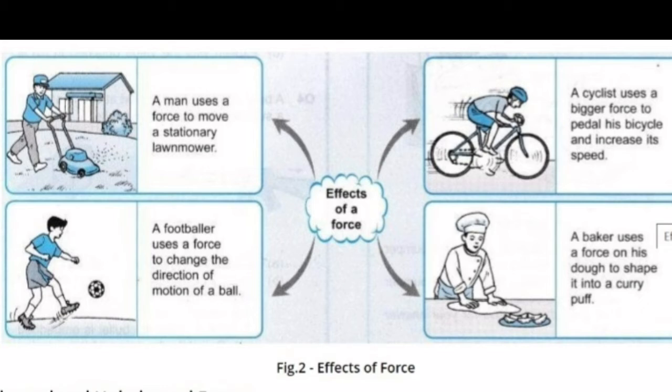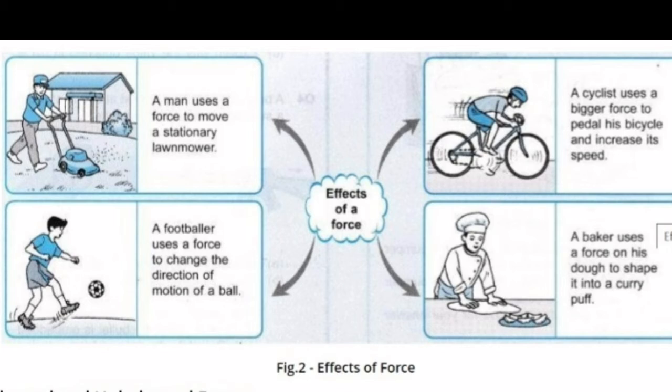Here are some examples. A man uses a force to move a stationary object. In the second one, the cyclist uses a bigger force to pedal his bicycle and increase its speed. A footballer uses a force to change the direction of motion of a ball.